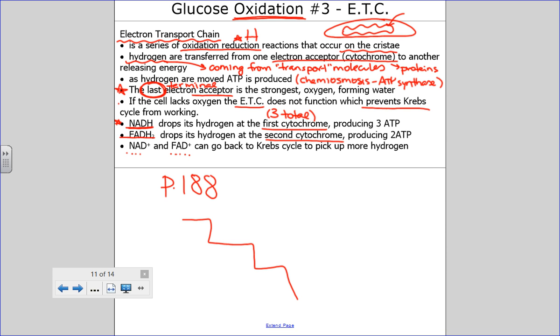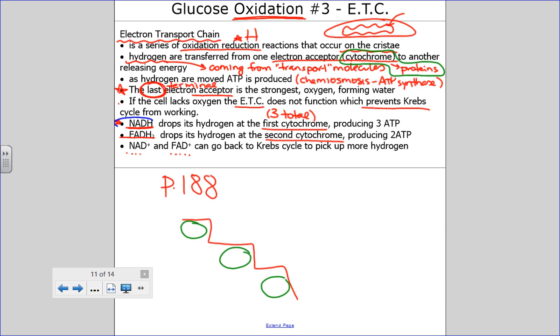The key idea is that each of these steps represents a protein in the membrane, in the cristae. So when I said cytochromes were proteins, that's what I'm referring to. These are the acceptors. It doesn't actually look like a staircase. This is not its actual appearance, but this is a way that you can think about it.